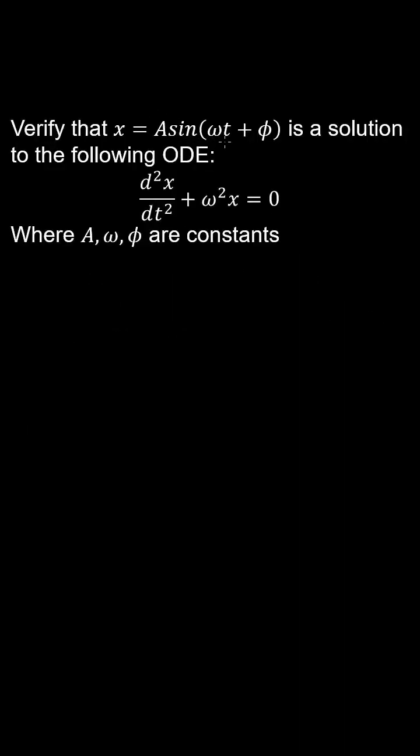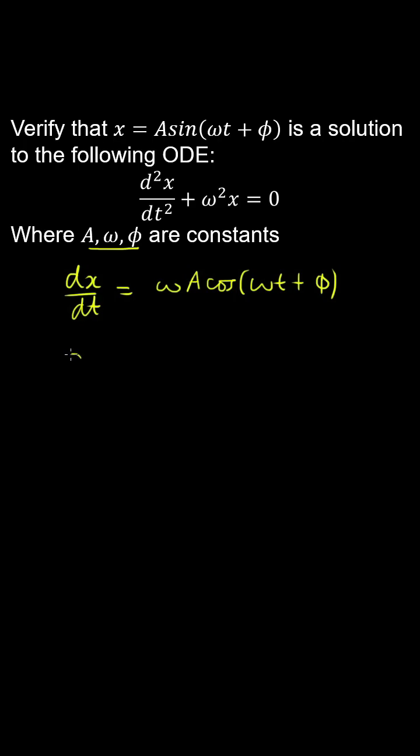Let's verify that x is a solution to the following ordinary differential equation. So if we differentiate x with respect to time, and noting these are constants, we get omega times A cosine of omega t plus phi.